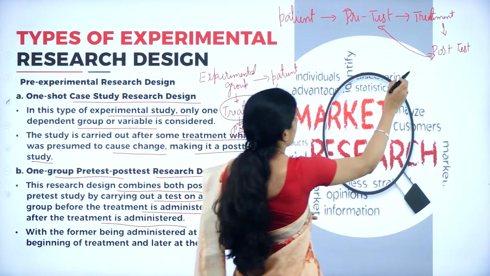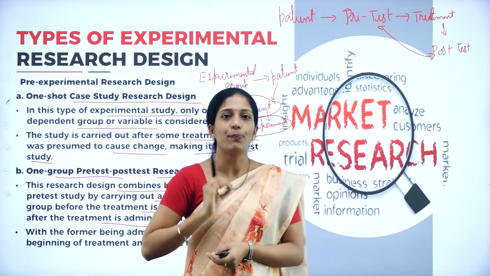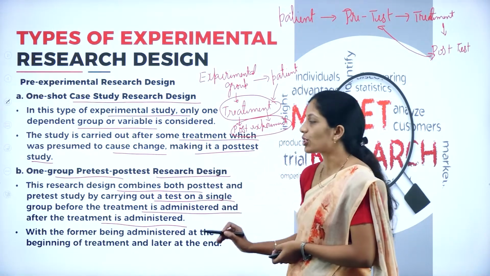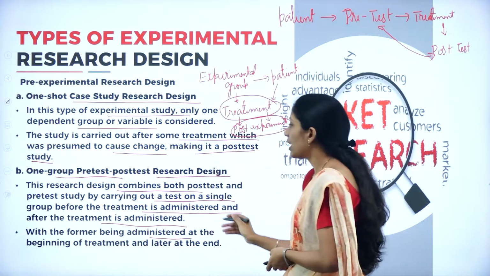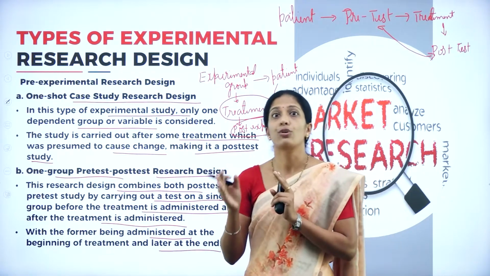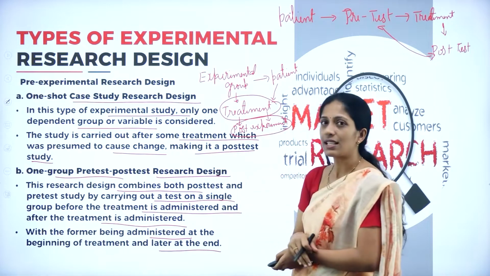Then we will give the treatment. Again, after the treatment, we will post-test. So that is known as what? One group pre-test, post-test research design. The former is administered at the beginning of treatment and the latter at the end. So there are two tests here, the pre-test as well as the post-test. So this is the second type.